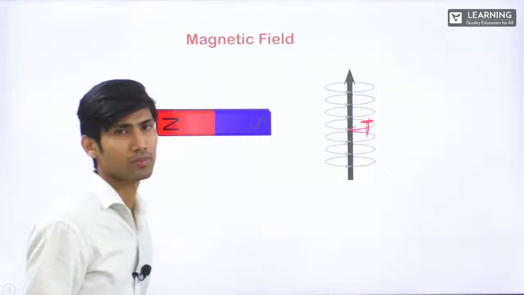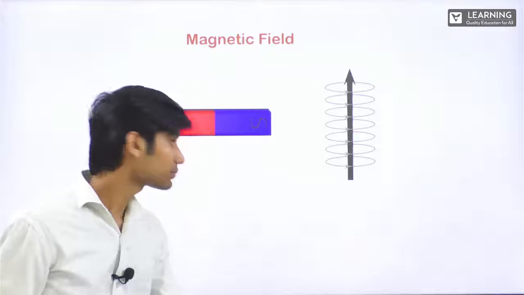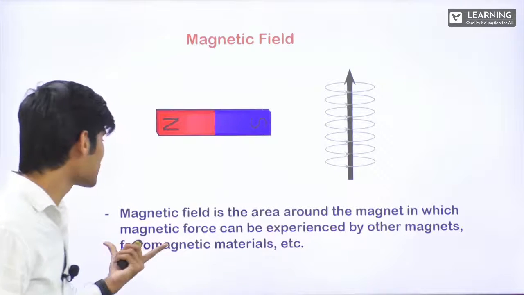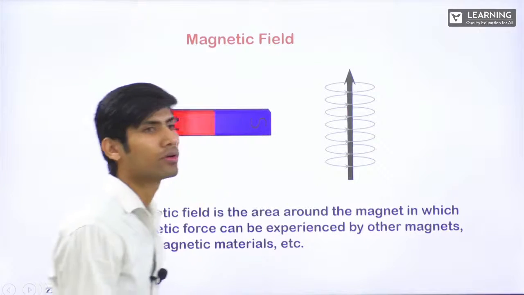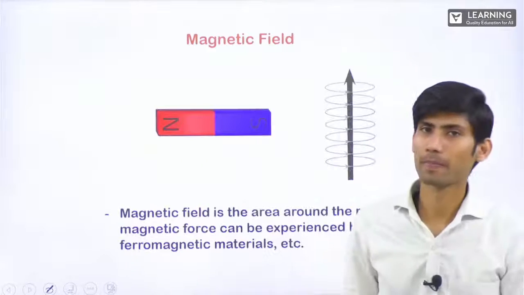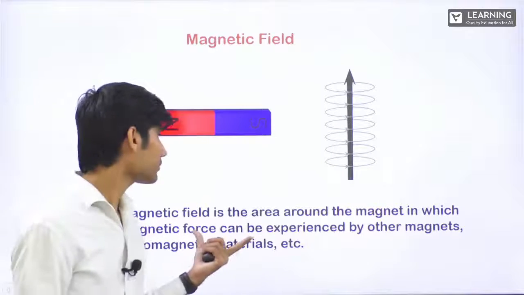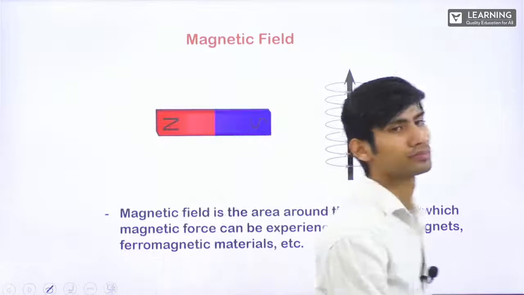Try doing it once, okay? Because there is a magnetic field around it. So magnetic field is the area around a magnet in which magnetic force can be experienced by other magnets or ferromagnetic materials, etc. Clear? Area around the magnet in which magnetic force can be experienced.